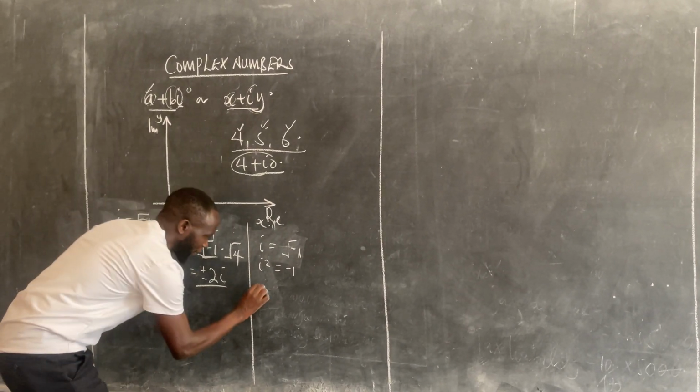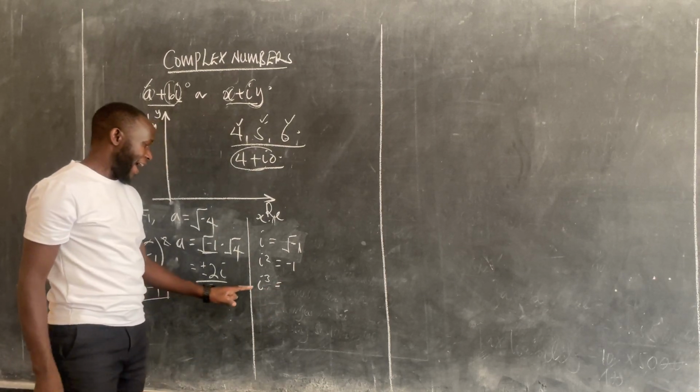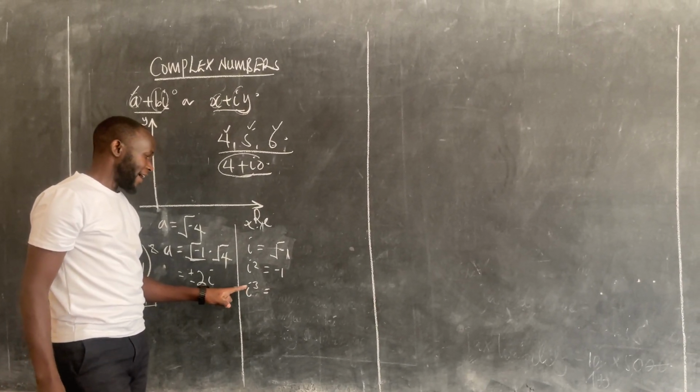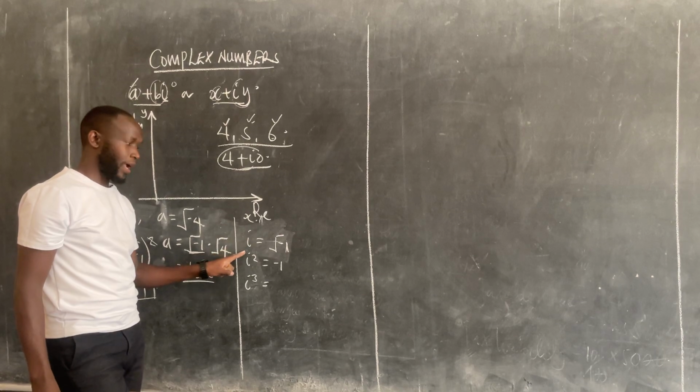Now, what if we have i cubed? i cubed implies you have i squared times i.